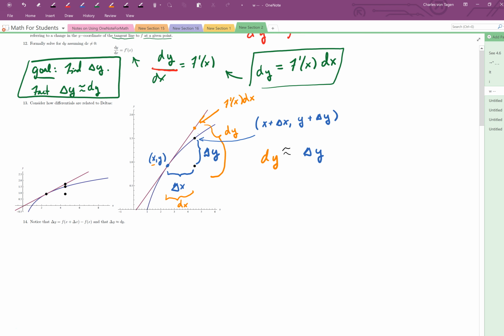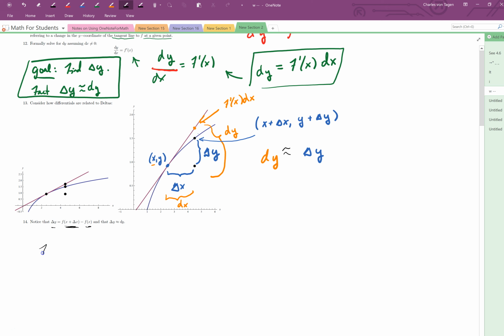Okay. So then here's a quick thing that we'll notice. We notice that delta y is approximately equal to f of x plus delta x minus, or excuse me, it equals the new y value, right? This would be the new y value minus the old y value. That gives us the change in the y values.